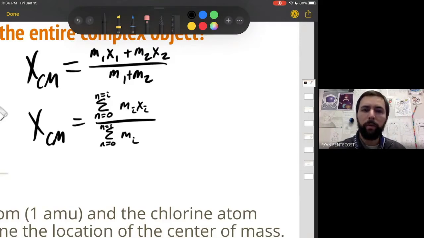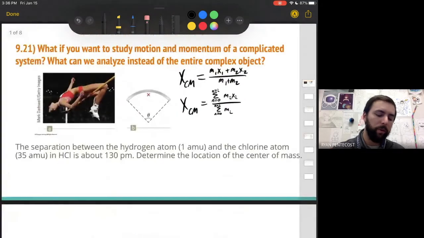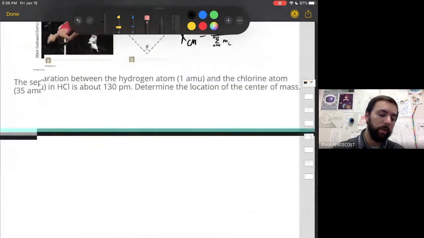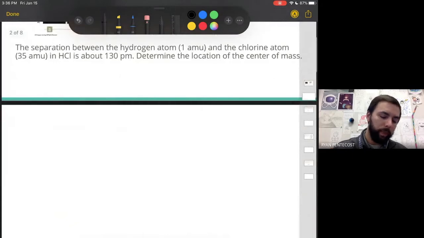We don't use summations a whole lot in this class, but this is one way to notate how you can take m1 x1, m2 x2, m3 x3, m4 x4, all the way up to an extremely large number in a series like this. We will discuss this method later on in this video. But first, let's talk about this particle method. This is not the most efficient way to do it, but if you've only got a couple particles, then you can make it work.